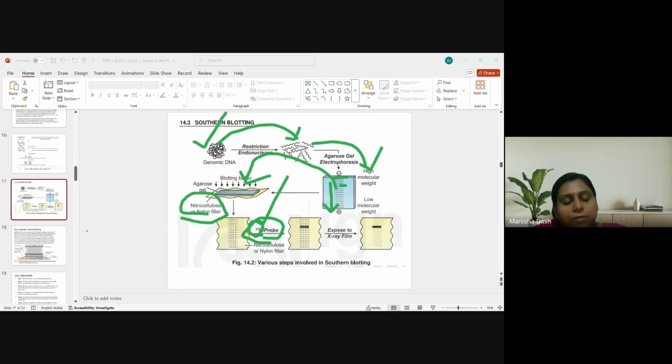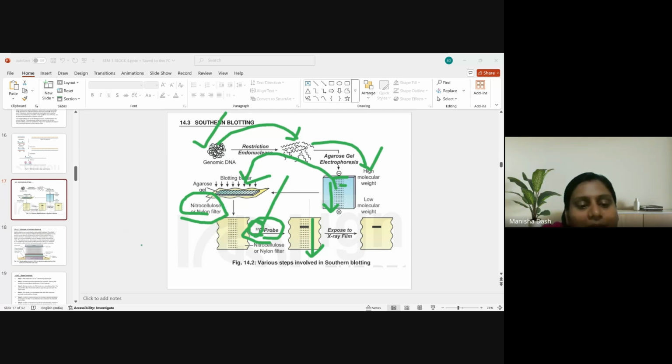Okay, so what will this probe do? It will go and bind to the segment of DNA that has a sequence complementary to this probe. See, there are a lot of DNA strands, but does it bind to all the strands? It's not binding. It only binds to the segment of DNA that has complementary base pairs to this probe.